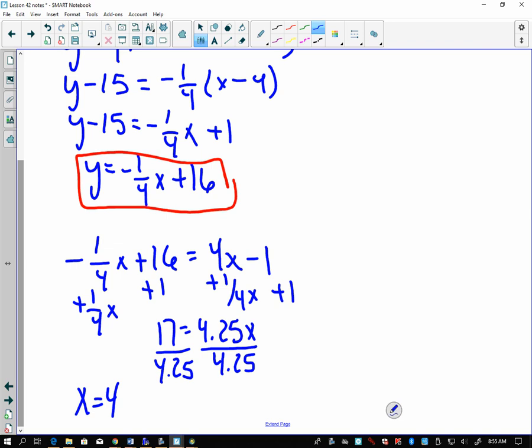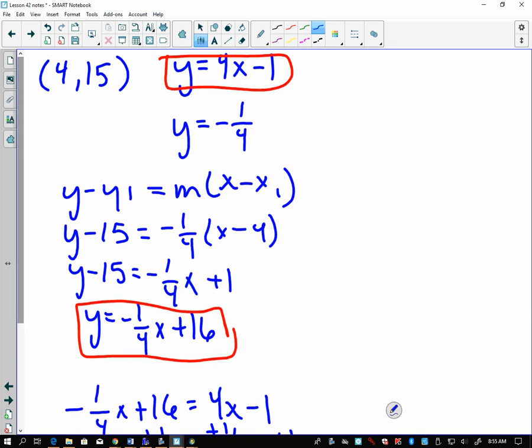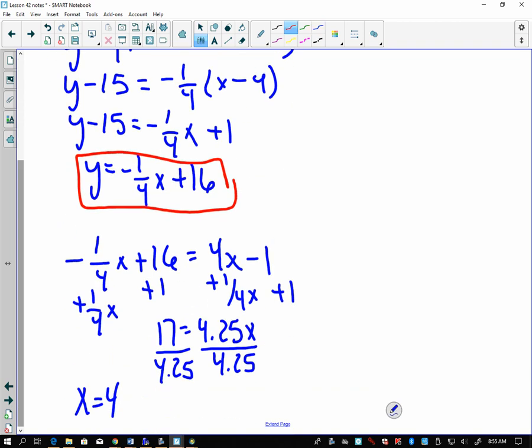Okay, let's plug x equals 4 into our original equation. What's 4 times 4? 16 minus 1? 15. So y equals 15. Okay, now, final step. So this was step 2. This got my x and y values.